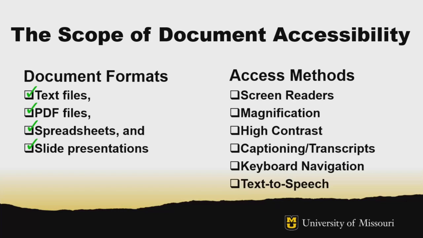Secondly, we need to understand the scope of who might be accessing the document. Persons impacted by inaccessible electronic documents include those with visual, auditory, motor, and learning disabilities.